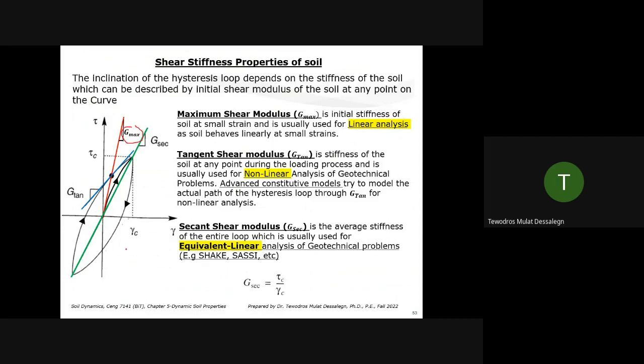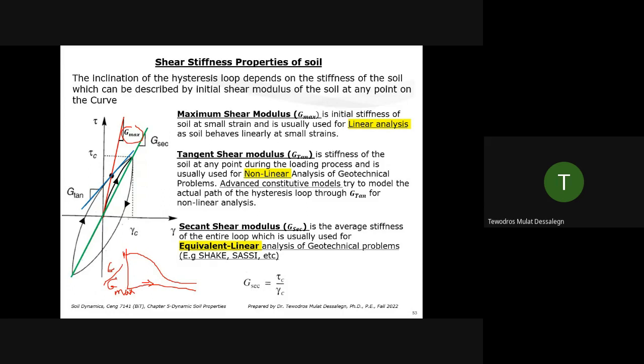If you remember the degradation curve, what I said, you have a degradation curve where G is decreasing with cyclic loading or with strain, and we normalize it with Gmax. And the maximum it can be on that curve is 1, G/Gmax. That max G value is the initial value, this Gmax you see. That's the maximum it can be.